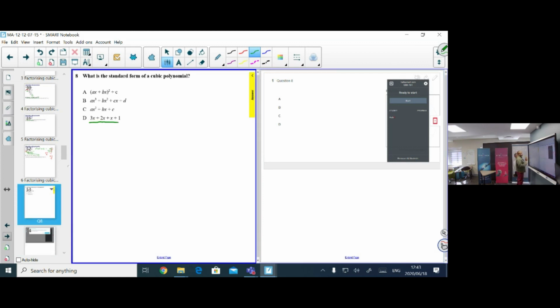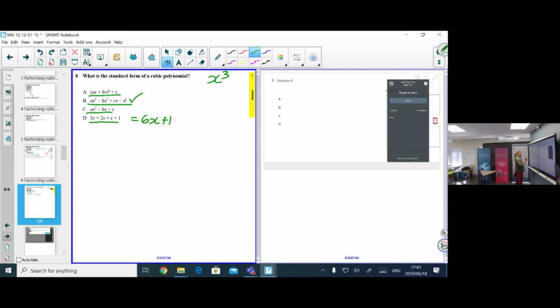This is a linear equation because there is only 1 degree on x. You can actually add these 3 to give you 6x plus 1. That's not a cubic polynomial. Cubic means there must be x cubed somewhere. This also does not have any cube. This is a cube, so it's promising.